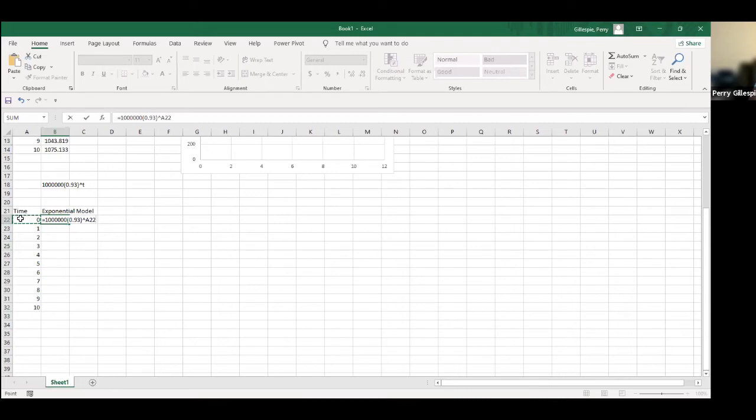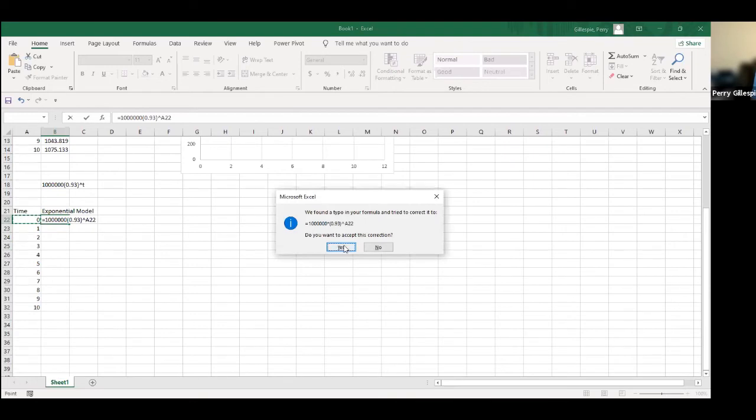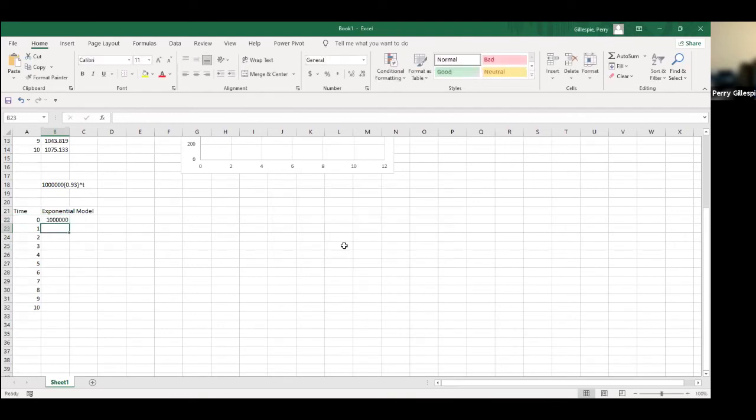Again, if you hit enter, you should come up with 1 million. And please, ma'am, sir, make sure in between the 1 million and the start of that parenthesis, you put a multiplication sign there. If you don't, Excel is not going to accept it.